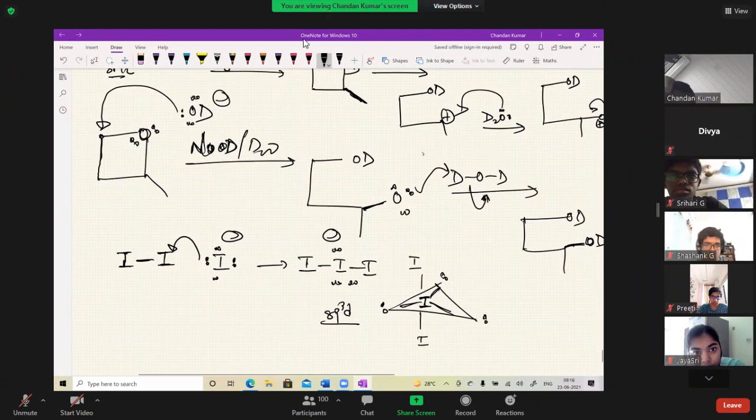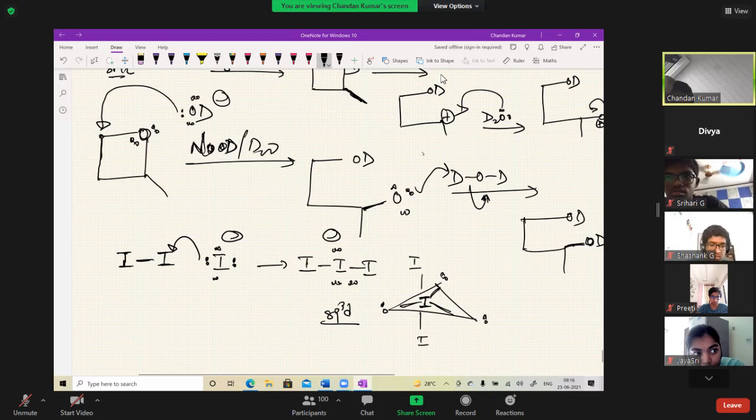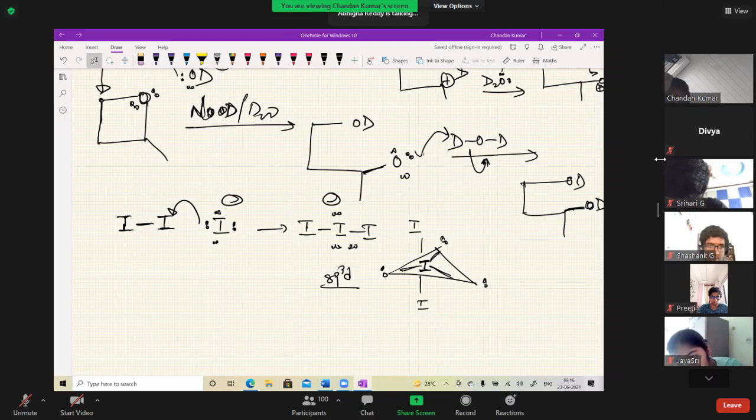Sir, I have a doubt about the mechanism which you just did. Beside oxygen, the bond between the carbon attacked and the oxygen would break, right, sir? So that is what is breaking. Then the compound would be different, right, sir?